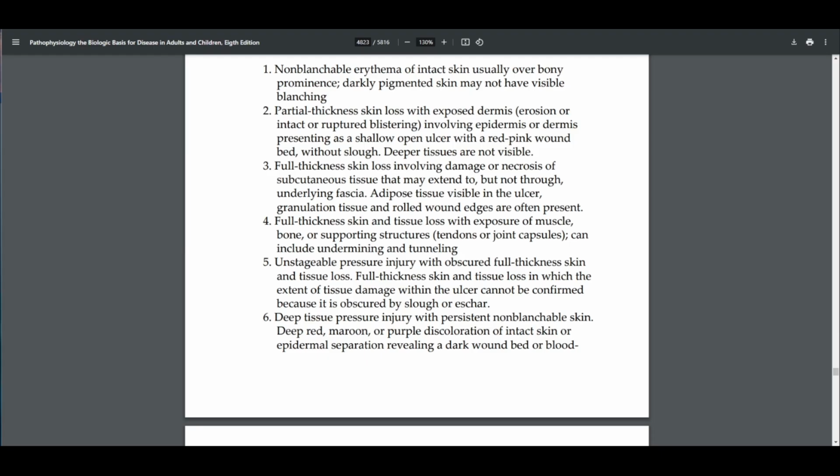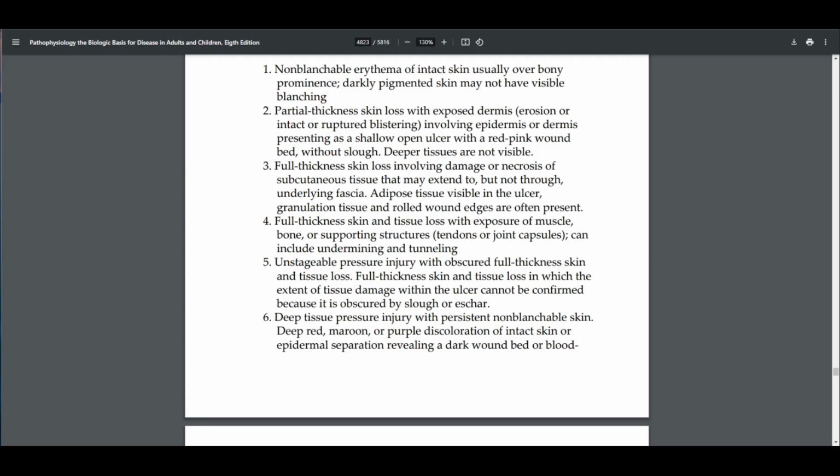And then you have your unstageable pressure injury with obscured, full thickness skin and tissue loss. Full thickness skin and tissue loss in which the extent of tissue damage within the ulcer cannot be confirmed because it is obscured by slough or eschar. And then you have your deep tissue pressure injury, or DTIs, with persistent non-blanchable skin.